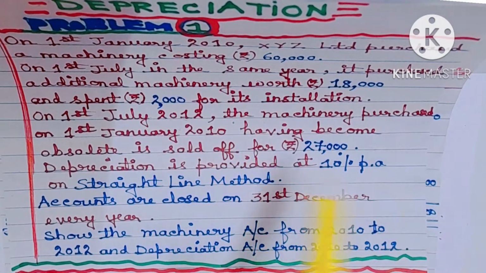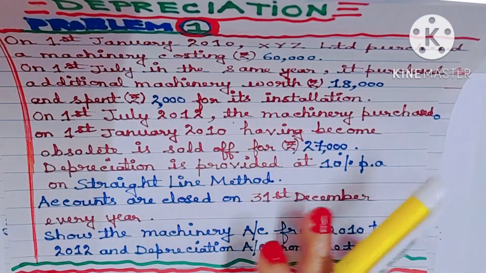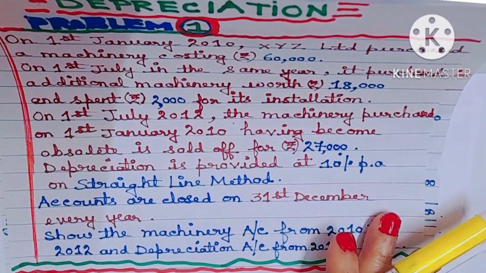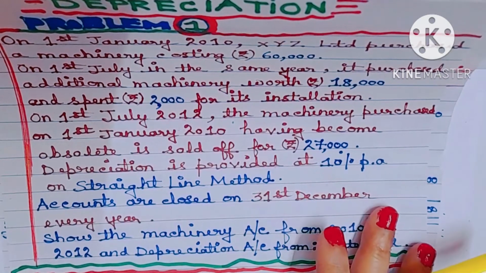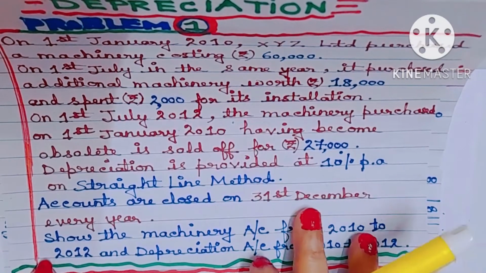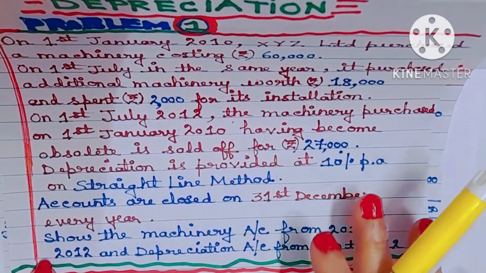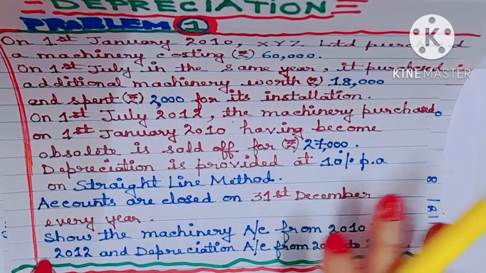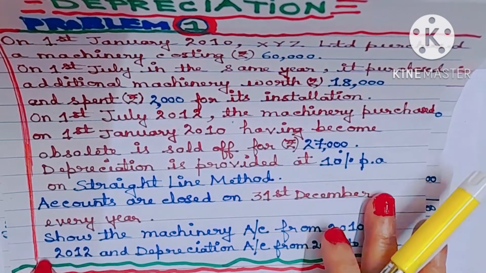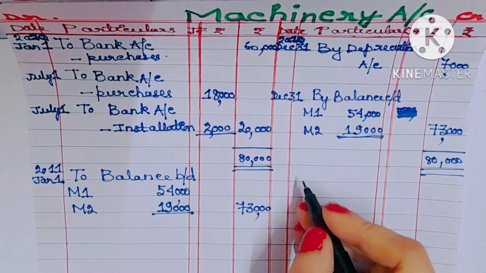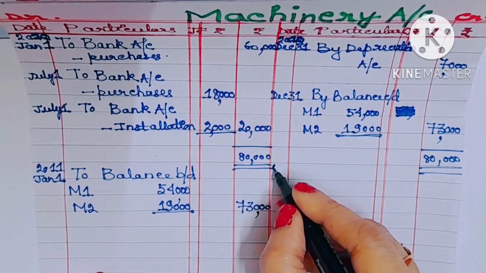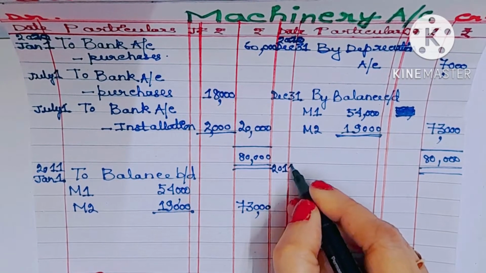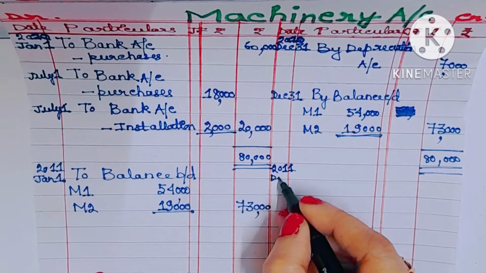That means in 2011 no more machinery was purchased. Third machinery was not purchased. So we have to charge depreciation for 2011 as well for the two machineries, that is M1 and M2. So let's charge depreciation on 2011 on 31st December.